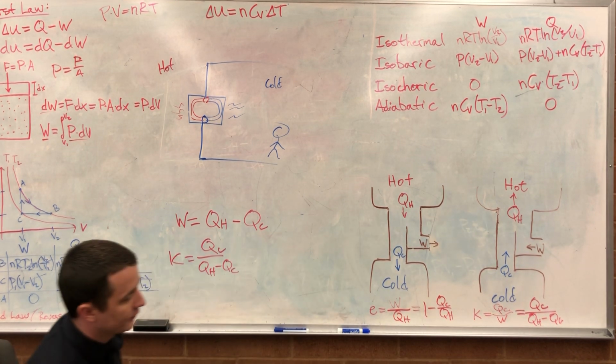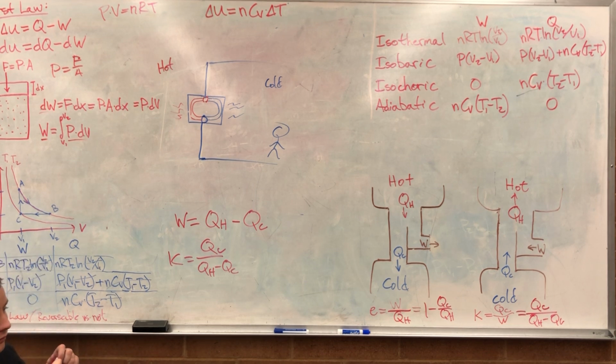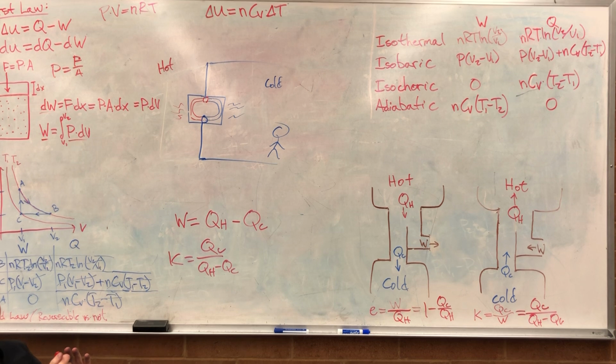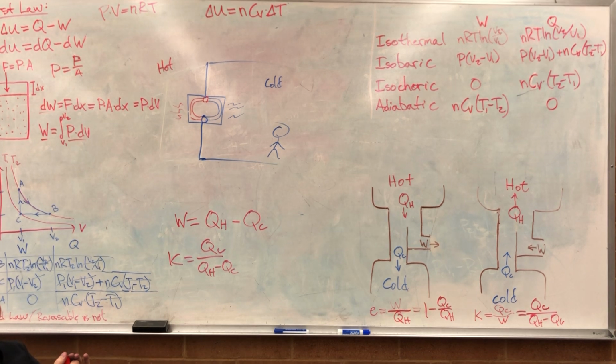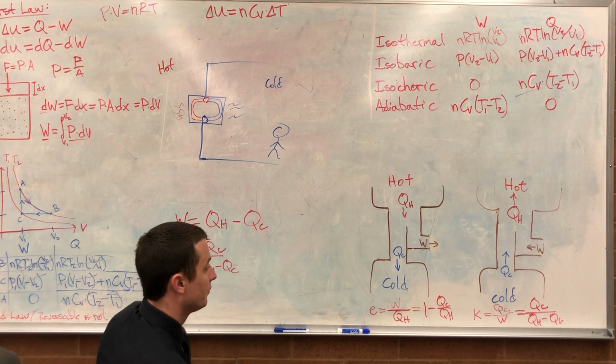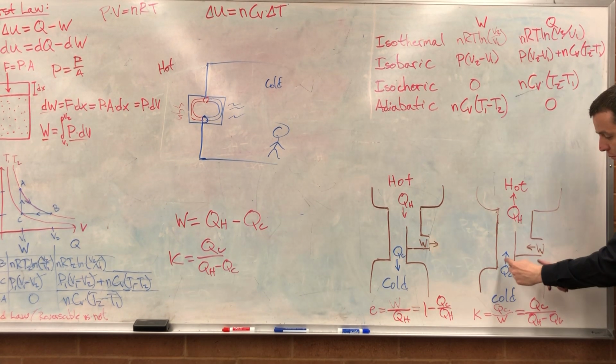Now, theoretically, what's the biggest K can be? How is that any different from your E? What's the biggest E can be? E can be 1. What's the biggest K can be? I would assume 1 as well. Well, don't assume, just think about it. What if my W was really, really small compared to QC?